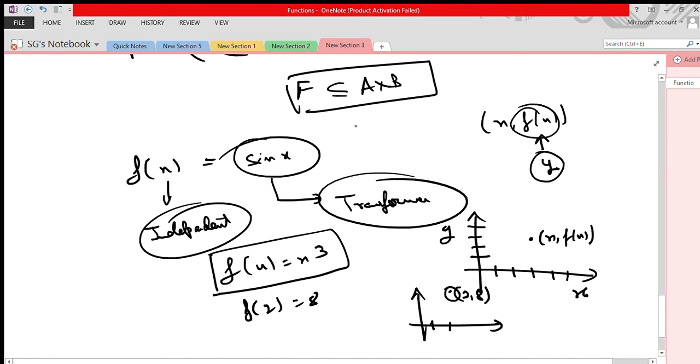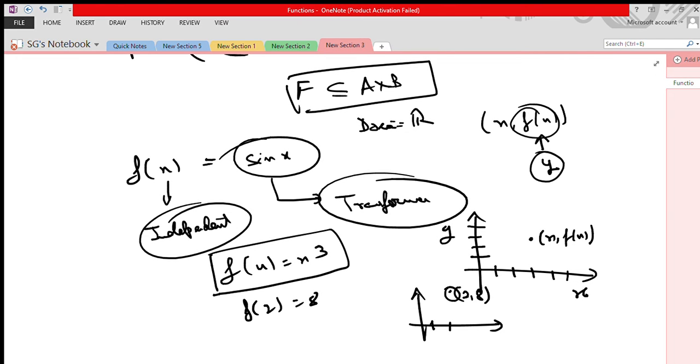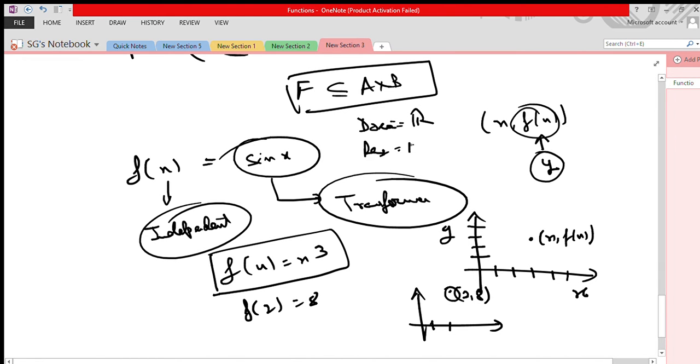So the domain will be real numbers, and every real number will have a real number output only. There is no restriction in the output. Every real number will give a real cube, so its range will also be real numbers. And you can keep plotting each of these elements from the domain, with its transformed element belonging to the range, to get the graph of this particular function.